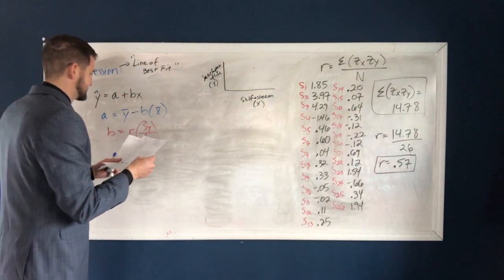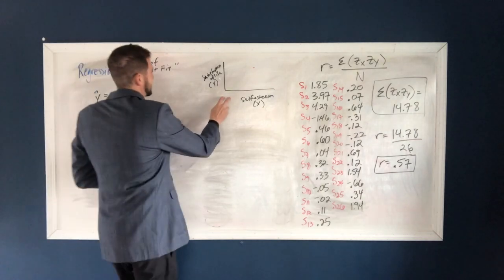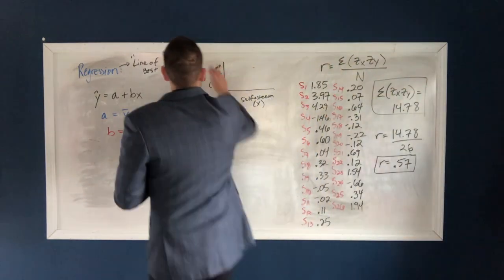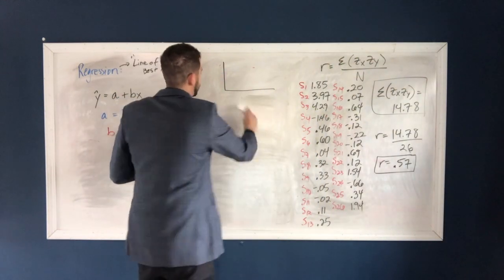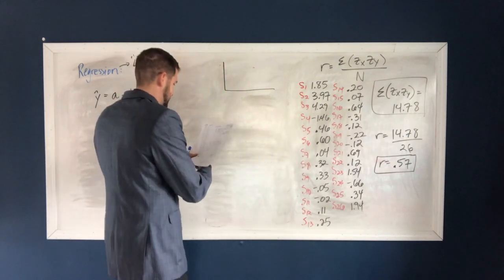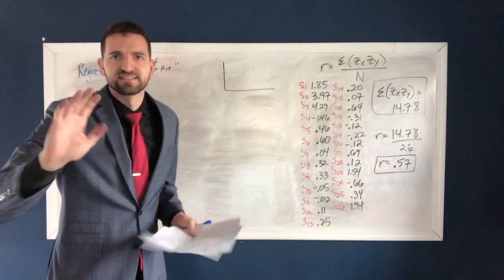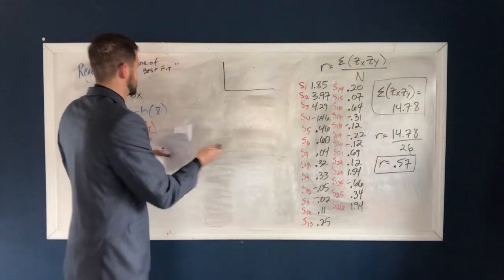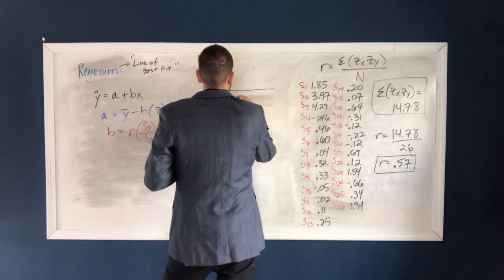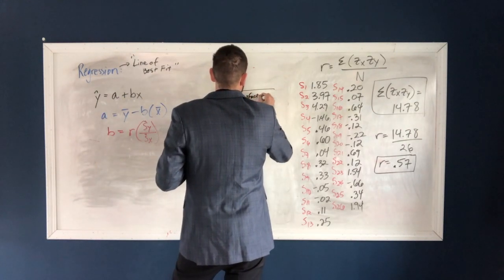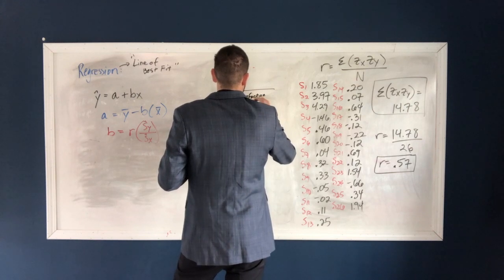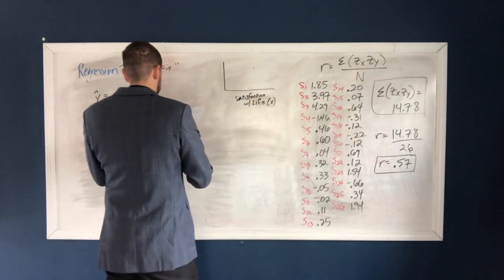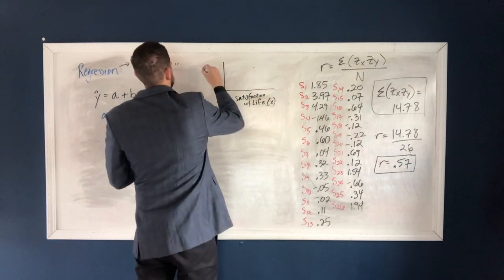And you know what I did? Silly me. Go back to this graph. I switched them around. That's okay. What we actually have is our x is satisfaction with life in our actual problem, and our y is self-esteem. So let me fix that. Satisfaction with life was our x, and then our y was self-esteem.